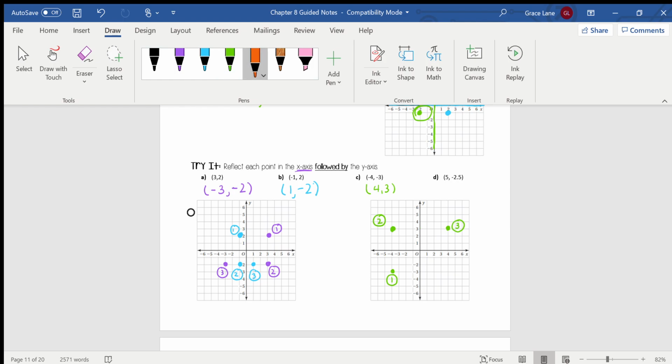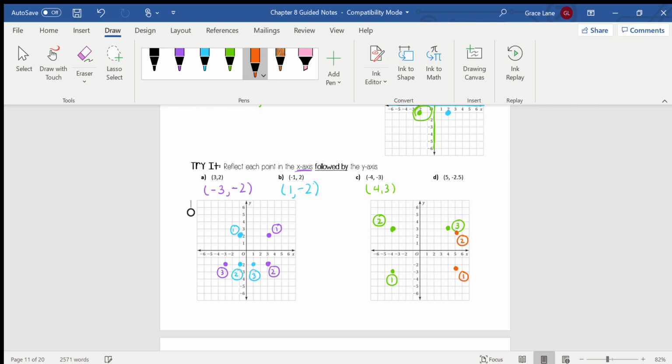And then the last one, 5, -2.5, which would be here. -2.5 is in between -2 and -3. So this would be point 1. If I first go over the x-axis, I would be going up, so stay on the 5 line, up to 2.5.